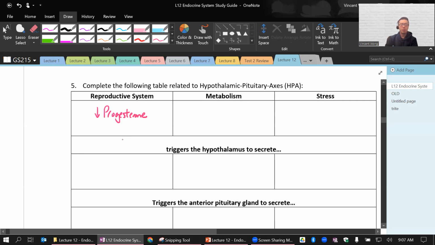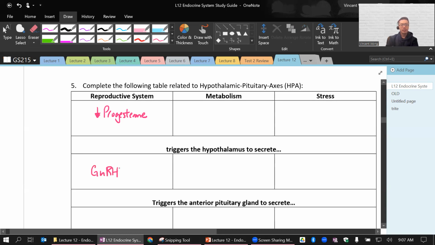Okay, what does low progesterone do? Low progesterone triggers the hypothalamus to secrete... Do you guys remember? What does low progesterone trigger the hypothalamus to secrete? Yeah, GnRH, right?